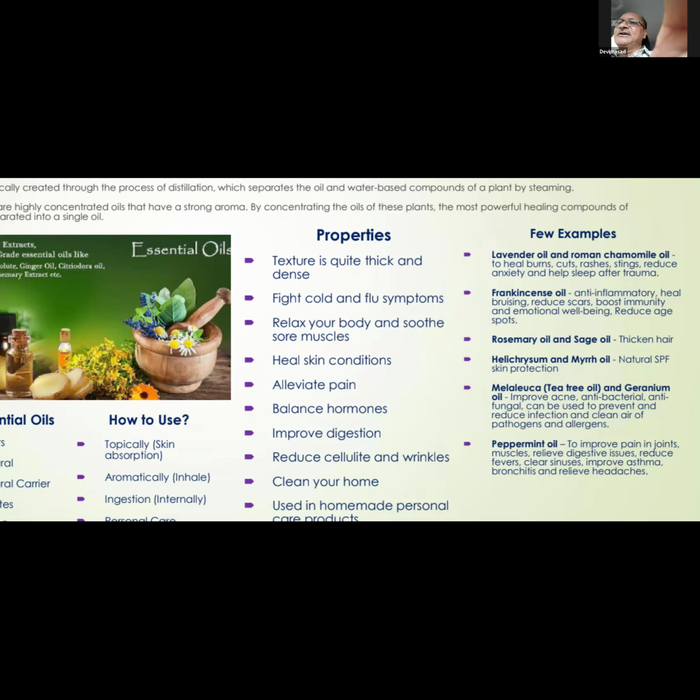So you may have heard about geranium and all those types of oils, peppermint, spearmint. Peppermint is particularly good to improve pain in joints and muscles, relieve digestive issues, reduce fever, clear sinuses, improve asthma and bronchitis, and relieve headaches.